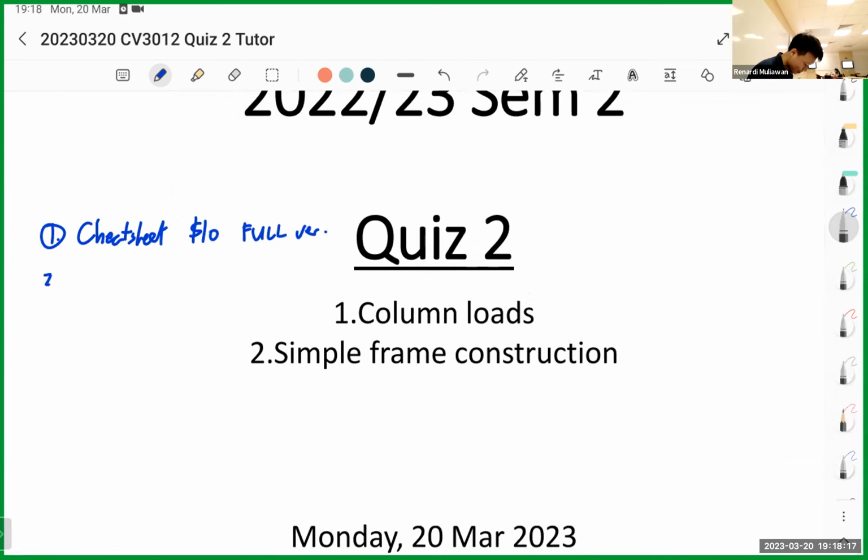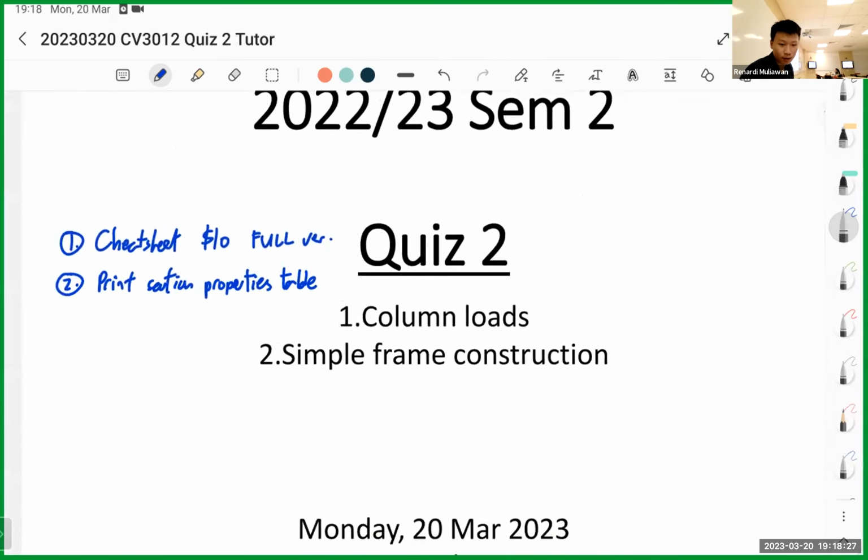Number 2 is don't forget to print the section properties table. Not all of it. I sent you the pages to print. It's the yellow pages and also the bolt and the weld. Don't print all the 700 pages.